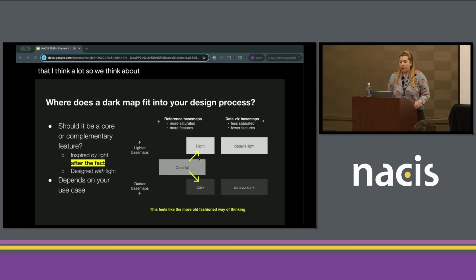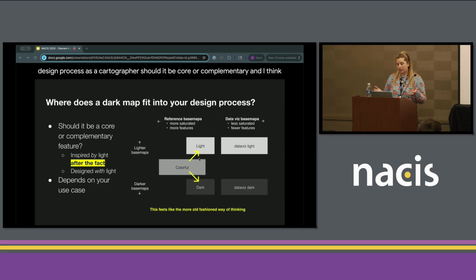So we think about where does a dark map fit into your design process as a cartographer? Should it be core or complementary? And I think what we see a lot is someone says, okay, I need a light map and a dark map. And they start with the light map first. That's the staple. Most software has at least a light interface and maybe a dark interface option.